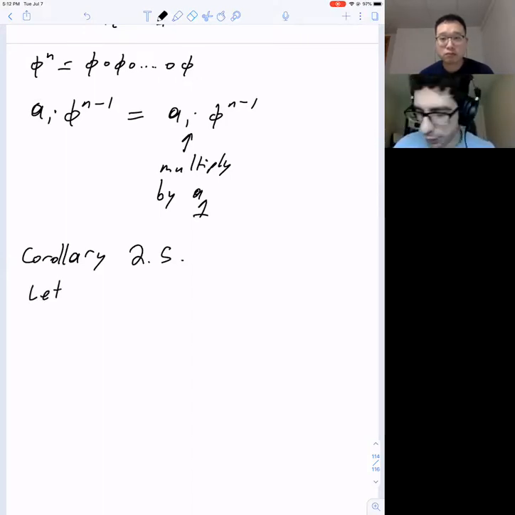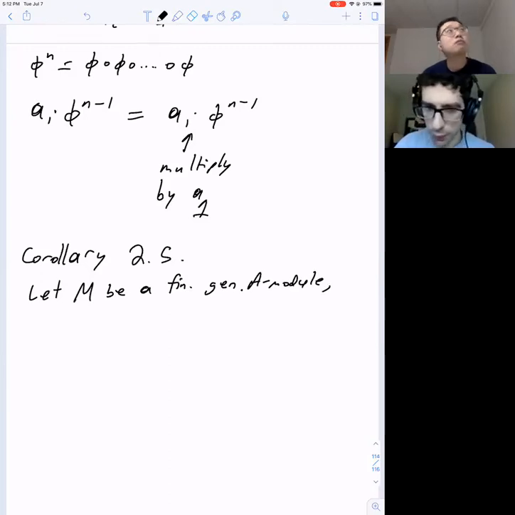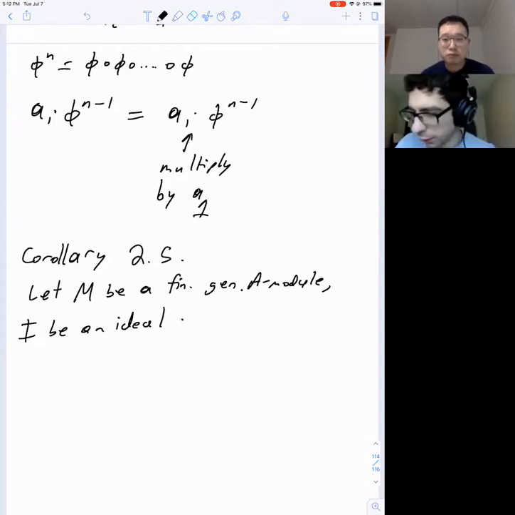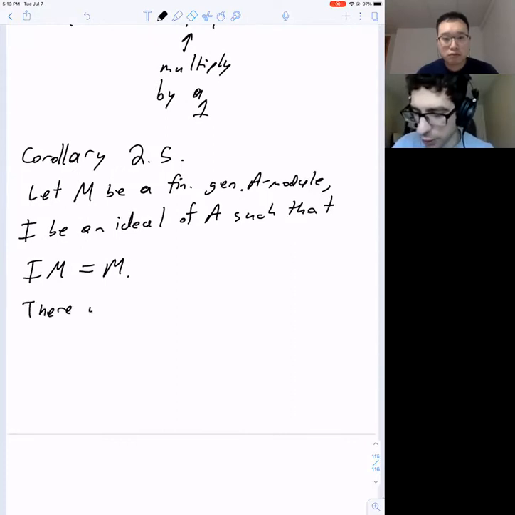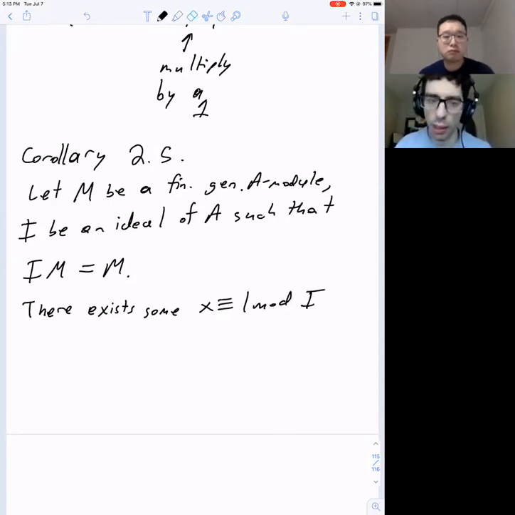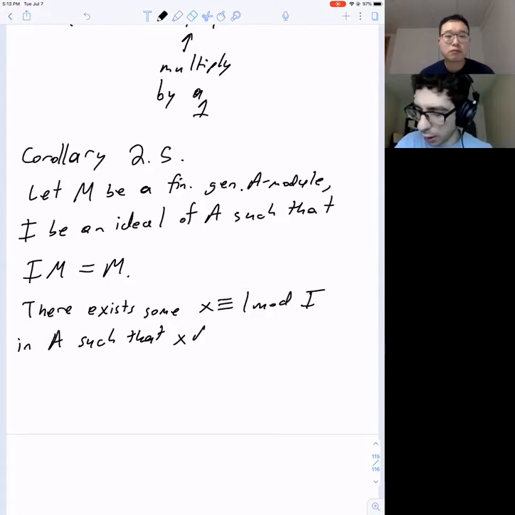The first step: let M be a finitely generated A module, and let I be an ideal of A such that IM equals M. The statement of the proposition is that there exists some x congruent to 1 mod I in A such that xM equals 0.